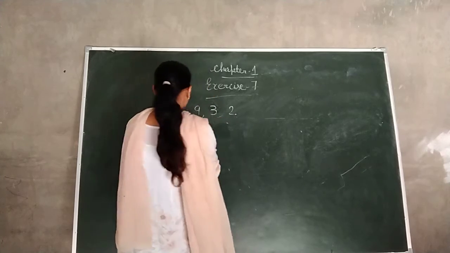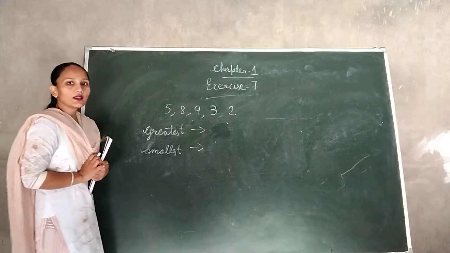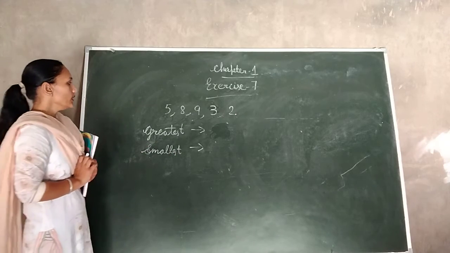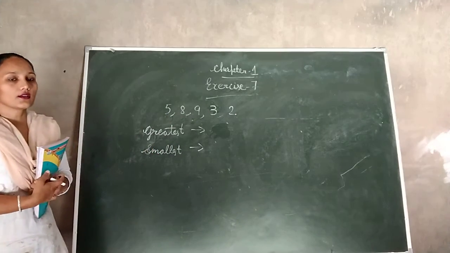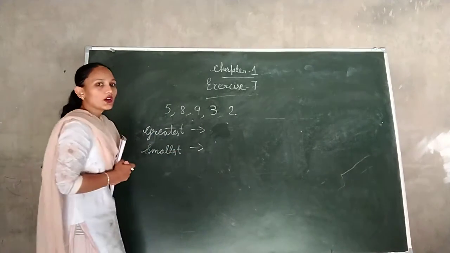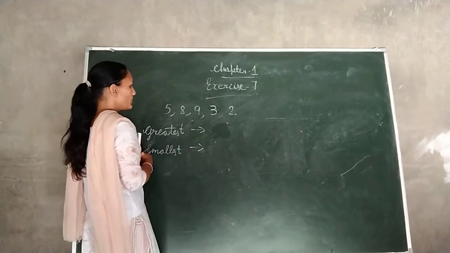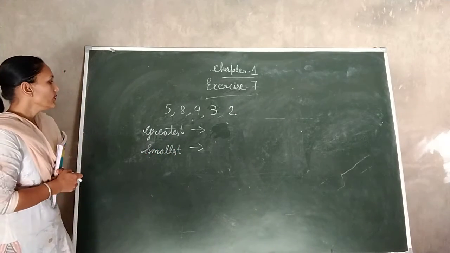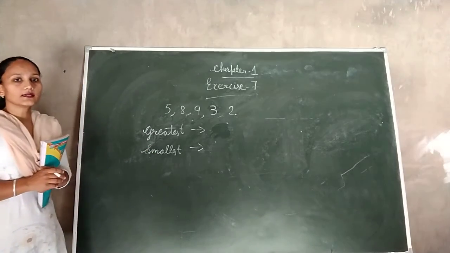And when we have to make the smallest number, we will arrange all these digits in ascending order. In these digits we don't have 0. So when we have to make the greatest number, we will arrange these digits in descending order. So what is descending order?